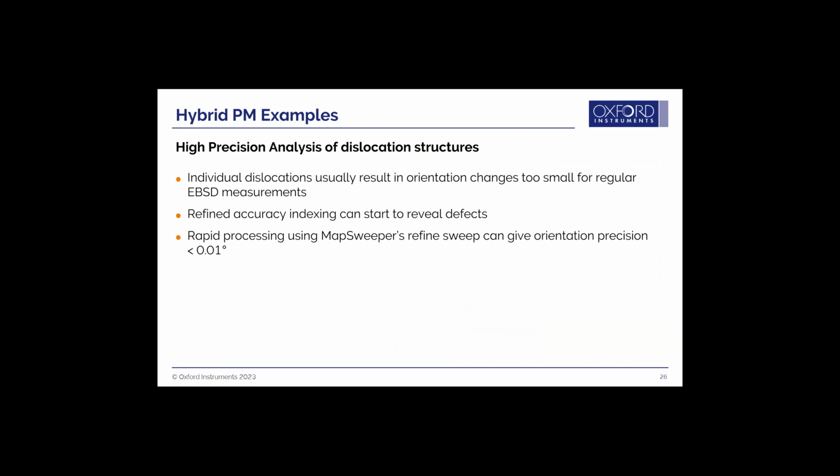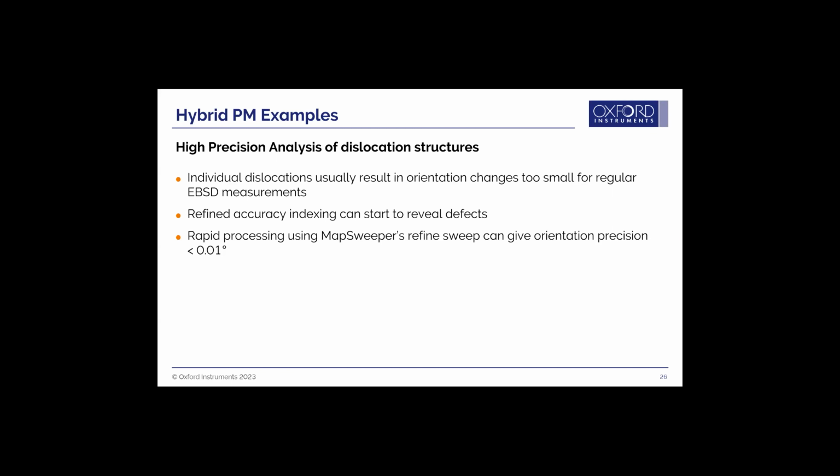Another example is the high precision analysis of something that has a lot of dislocation. So maybe something that has decent patterns, but when you put this through Hough indexing, you're not revealing the subtle differences. This is something we focused a lot on at Oxford trying to improve. We've brought out the refined accuracy band detection and done this 2-step, but that takes a lot longer to do the acquisition.